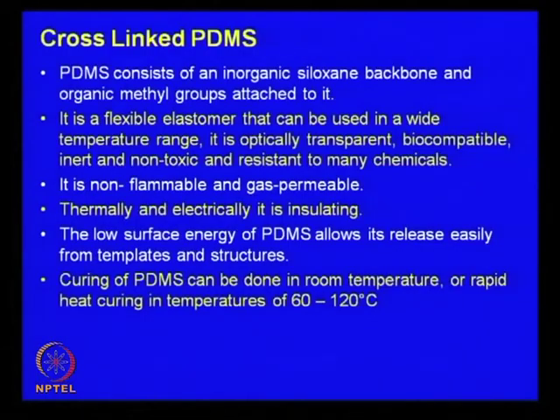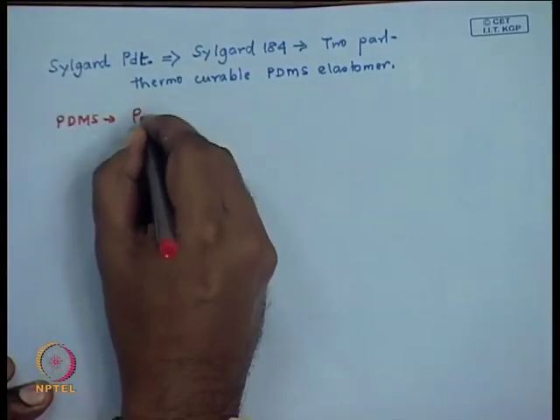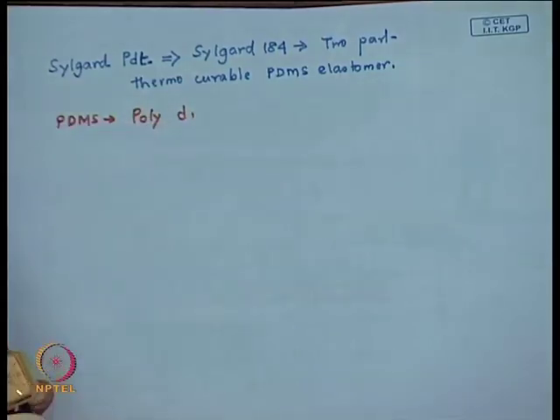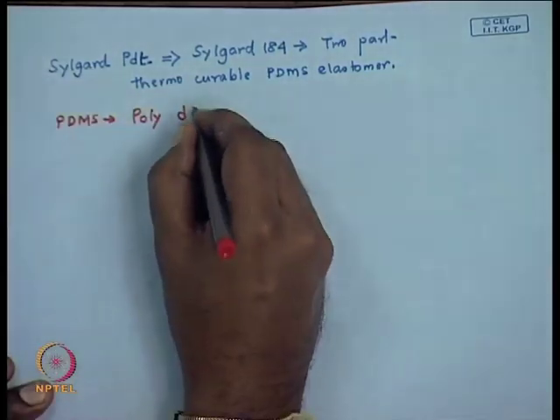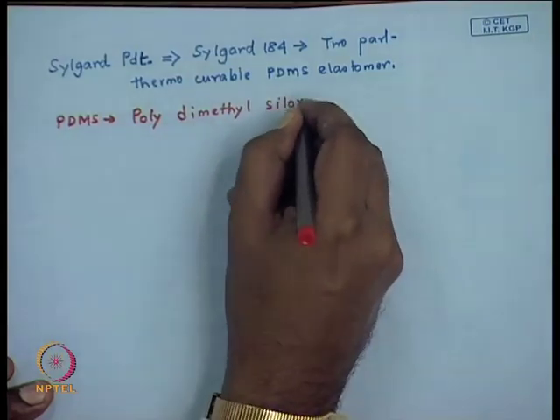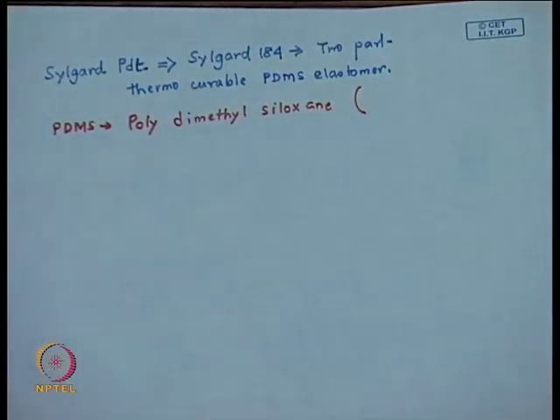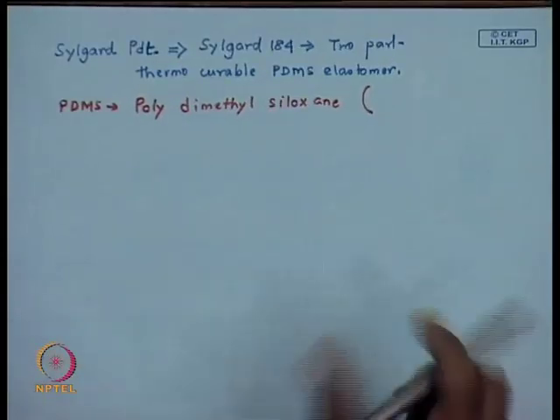So, cross-linked PDMS, and PDMS is also interesting from another standpoint. If you look into its name, polydimethylsiloxane, this is a rare example, something interesting you may remember without knowing too much chemistry.